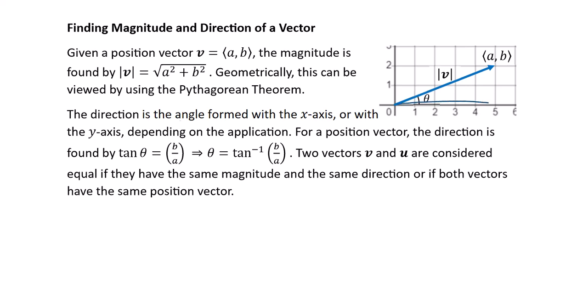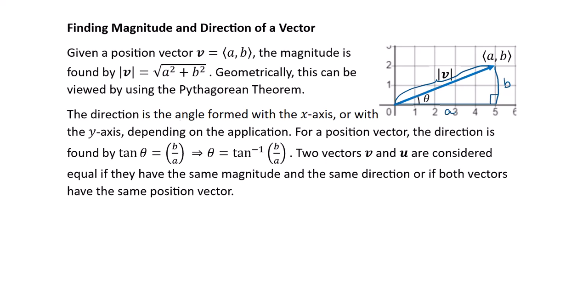Here we have the value of a, here is the value of b, and when I make a right triangle here, then that magnitude is represented by the length of that hypotenuse. So that's the reason that the Pythagorean theorem works here.